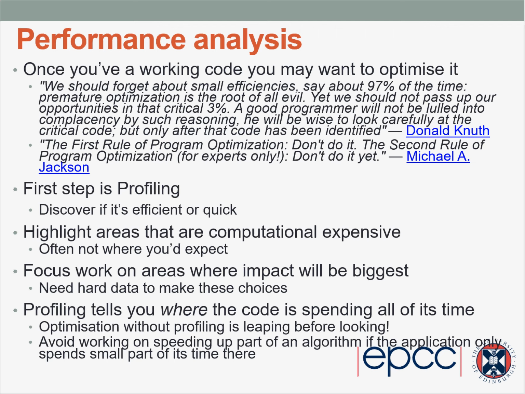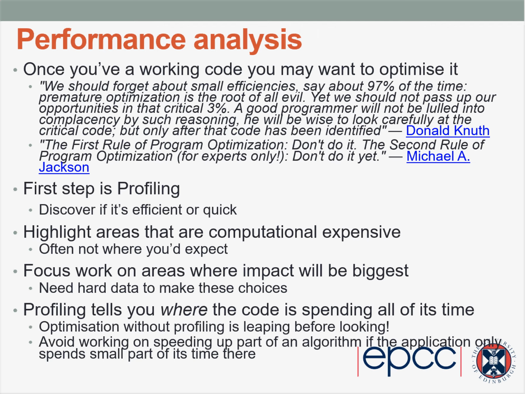So what we want to be able to do is take our code, profile it to work out where time is being spent in the code for a given test case, and then optimize those bits which take the longest amount of time. So if I can see, okay, this one routine is accounting for 70% of the runtime, then if I optimize that, I'll have a big impact on the overall code.